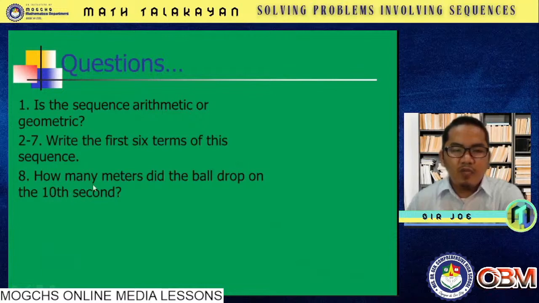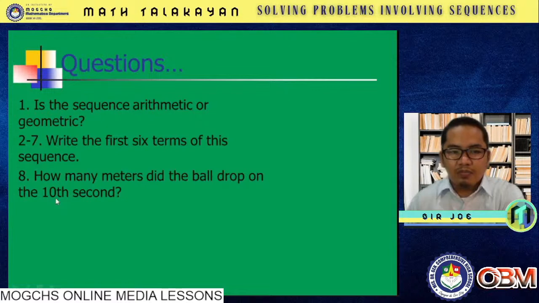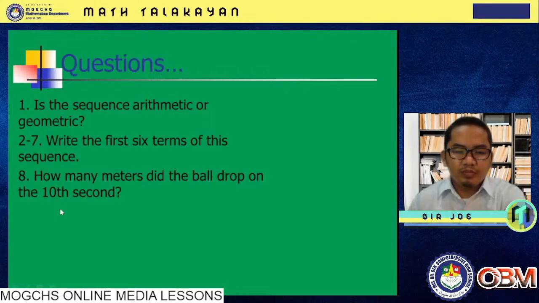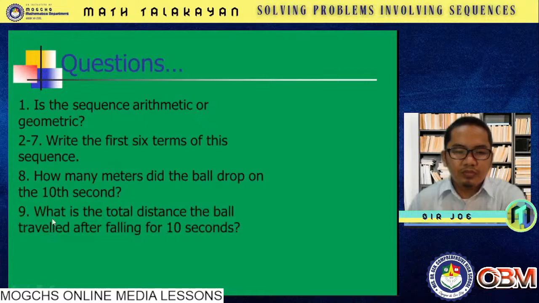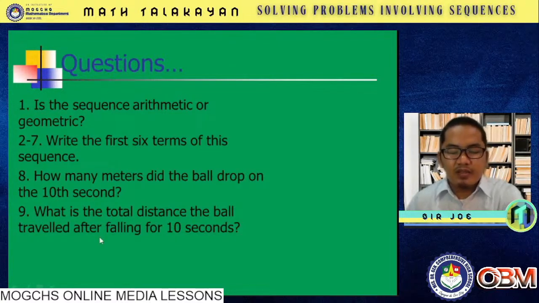Question number 8, how many meters did the ball drop on the 10th second? In other words, you're going to find the 10th term. And for number 9, what is the total distance the ball traveled after falling for 10 seconds? Since we're talking about total, we're looking for the S sub 10.